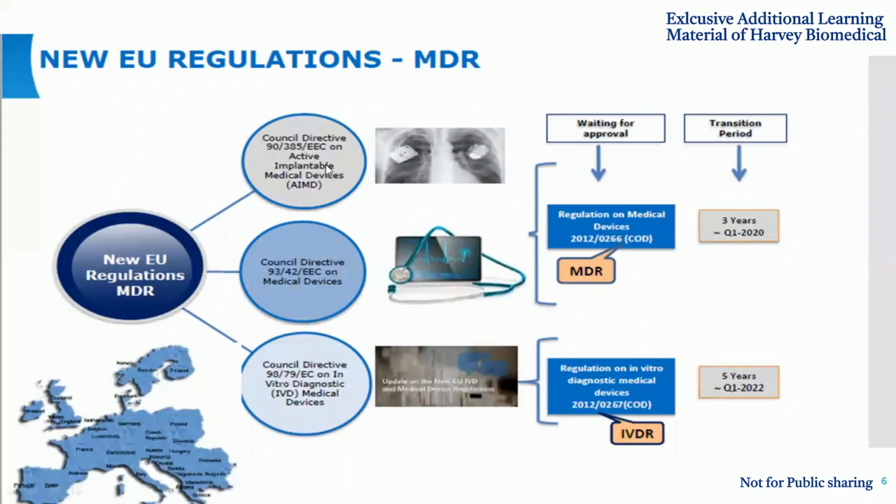This is the AIMD, Active Implantable Medical Devices directive. This 93/42 is for medical devices. 98/79 is the IVD. Here, these two are clubbed into the MDR, and 98/79 has come into the IVDR.